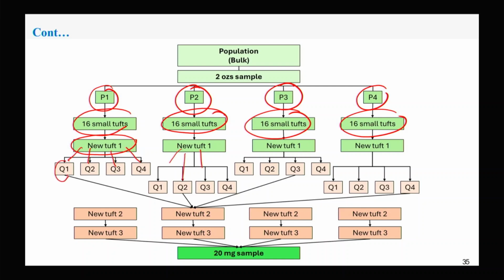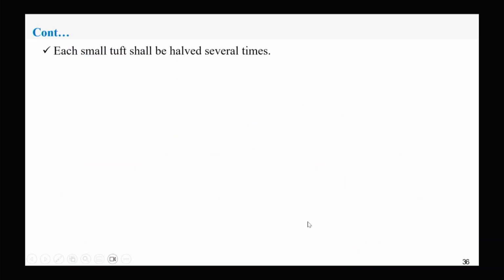Then you take 1 tuft randomly: first tuft from group 1, second, third, fourth. This way you can create a smaller sample. So we can actually define our own zoning technique.